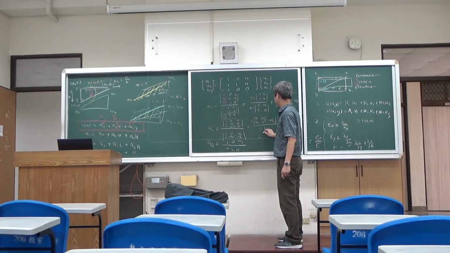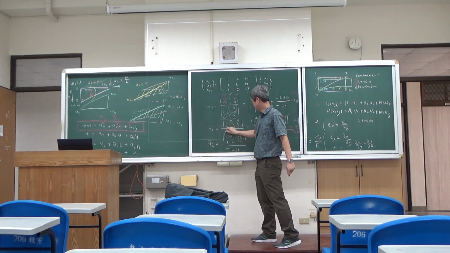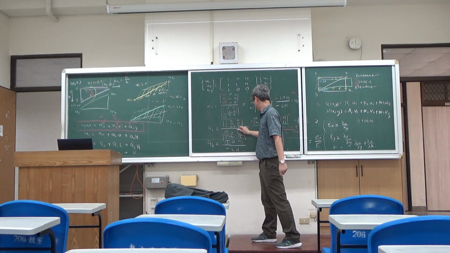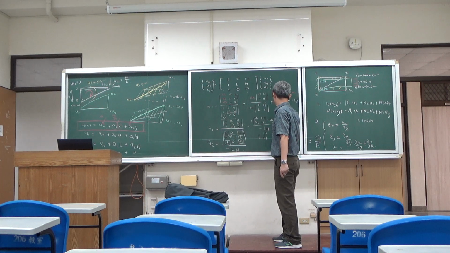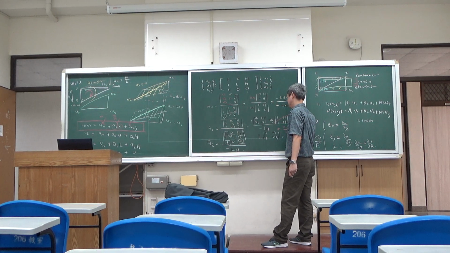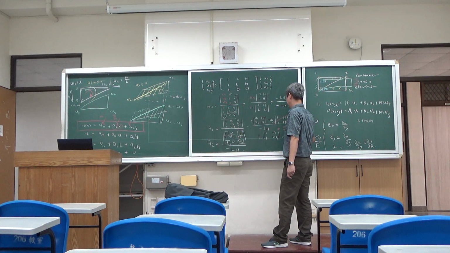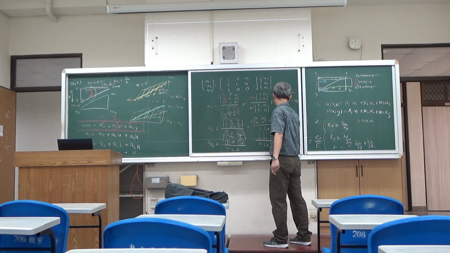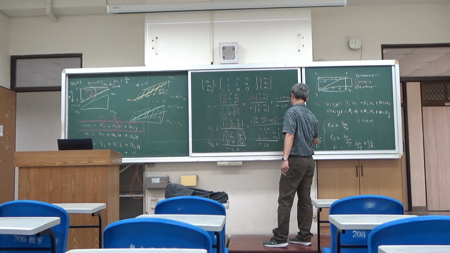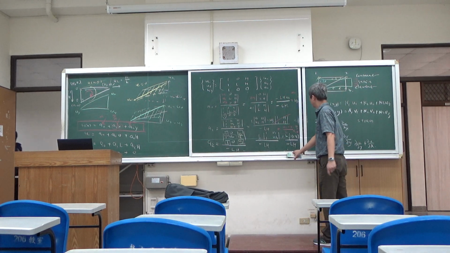This is L and the cofactor is U1, U3. This is your L times U3 minus U1, and then divided by minus LH.